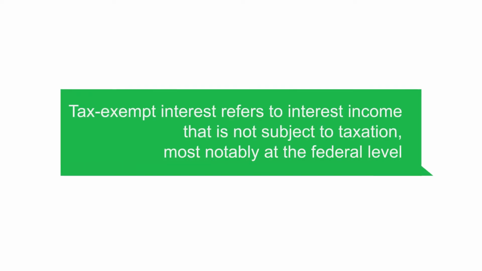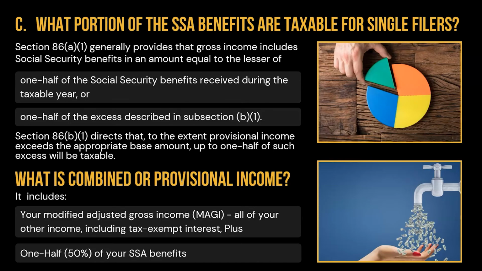Yes, tax-exempt interest generally is not taxable on the federal level, but for the purpose of figuring out your combined or provisional income, you have to include it in all these sources of income we've talked about. So your combined income includes your modified adjusted gross income plus 50% of your Social Security benefit.